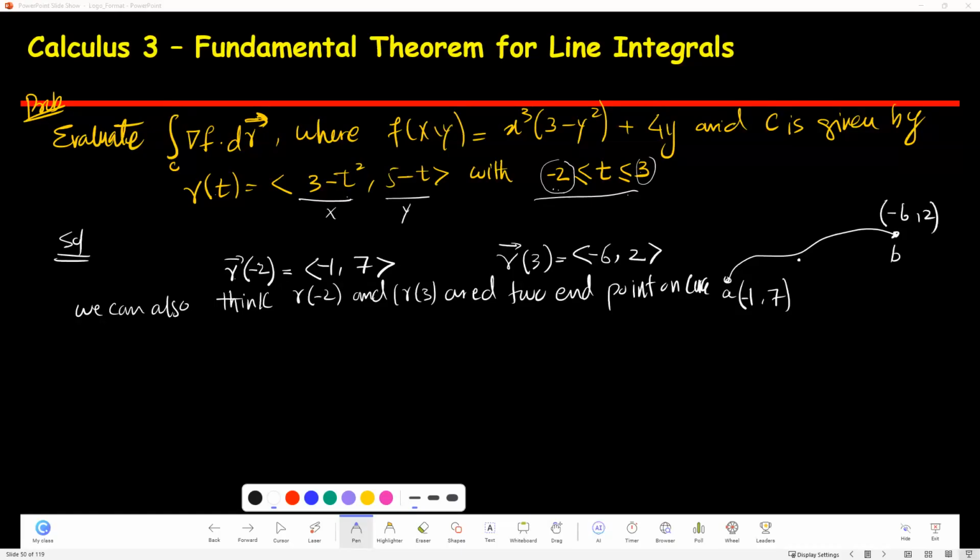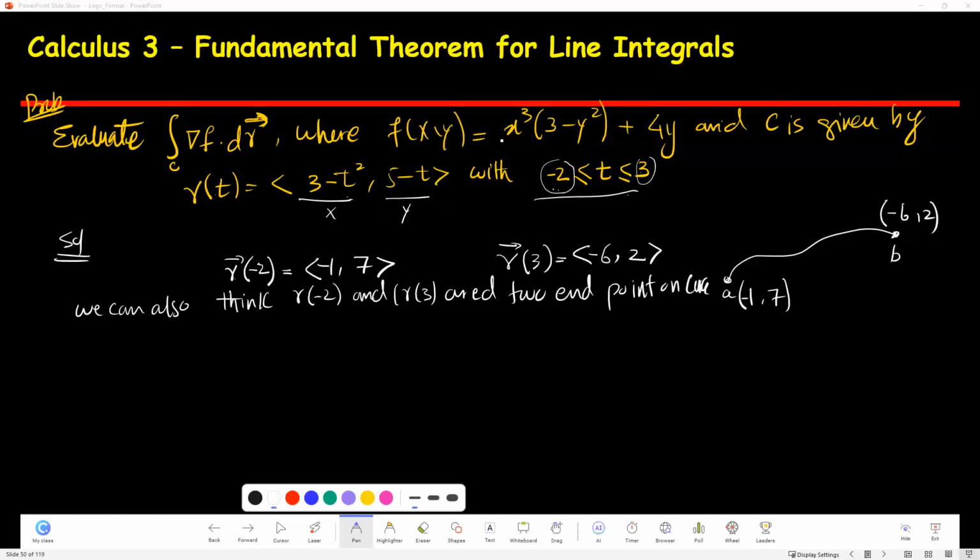So this question, actually going back to the first question, you just change the form, because you need to convert everything into the coordinate form so you can substitute the values into the function, and you need the values because the function is given in the form of xy. See, the problem is earlier the function was given in x and y form, but vector r was given in xy format as well.